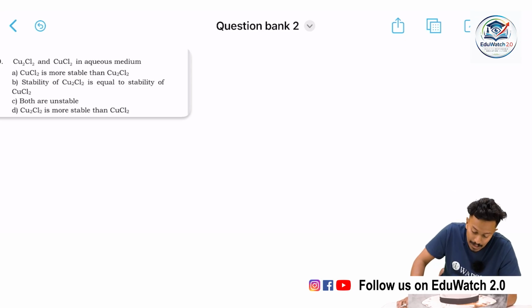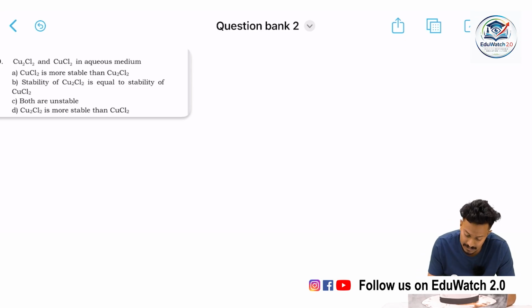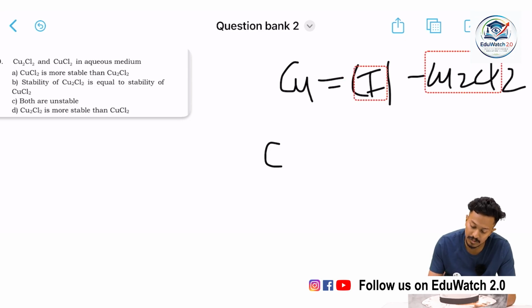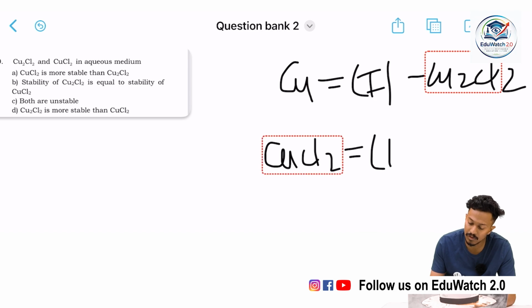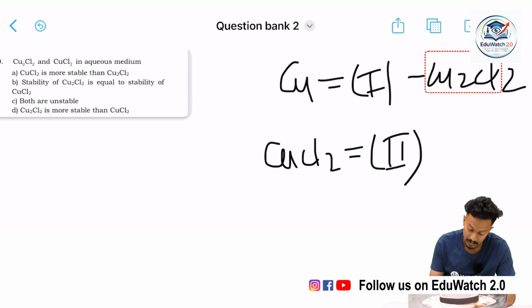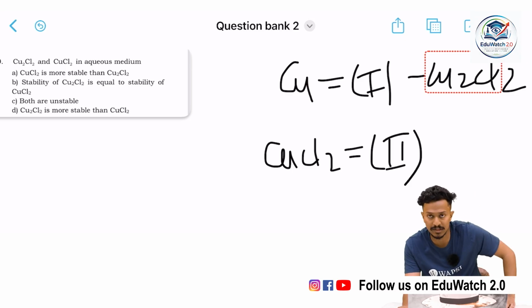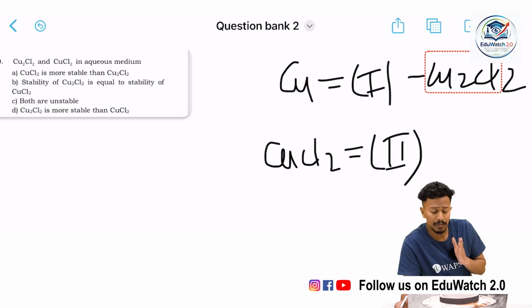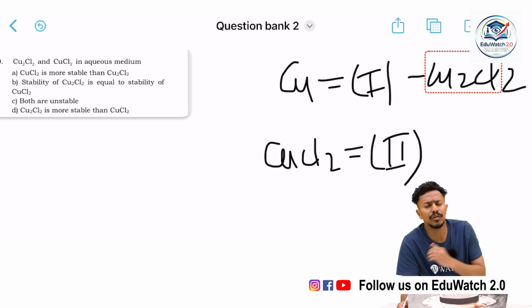We have Cu2Cl2 and CuCl2. What is the oxidation state in Cu2Cl2? It is +1, and CuCl2 has an oxidation state of +2, right? So on the basis of this oxidation state, how could we explain the stability of such compounds?